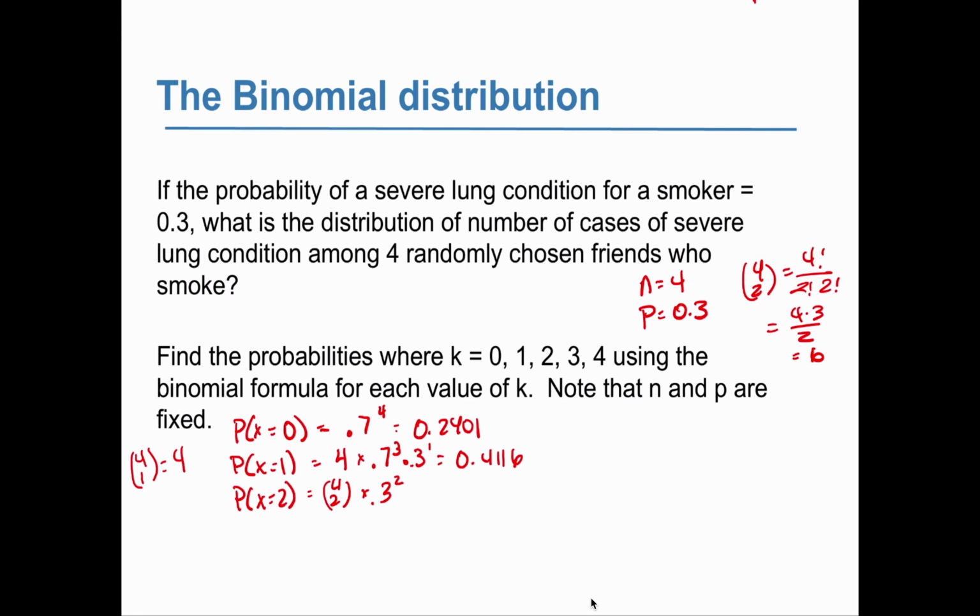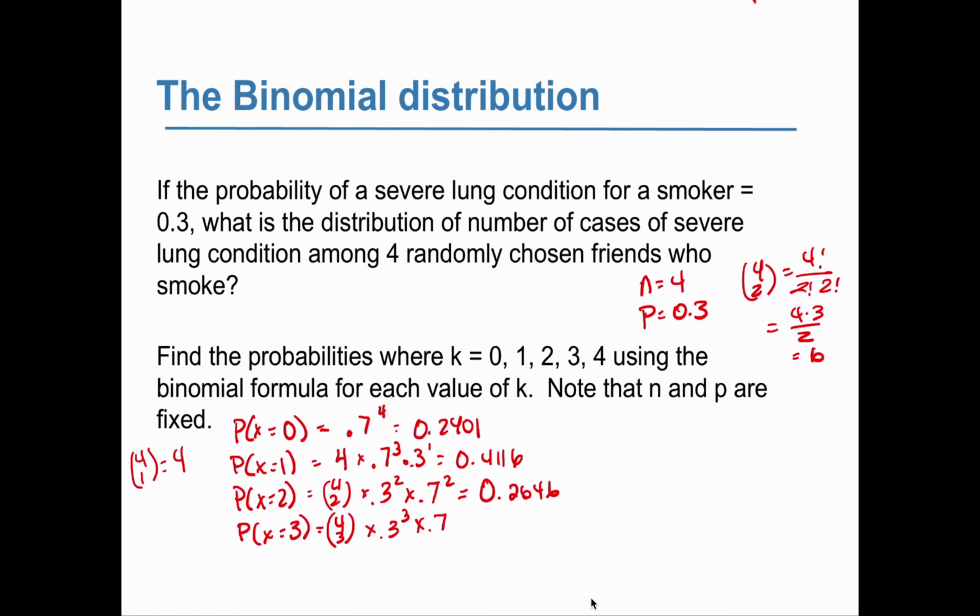Times 0.3 squared for the 2 that have the lung condition times 0.7 squared for the 2 that don't. And that's 0.2646.